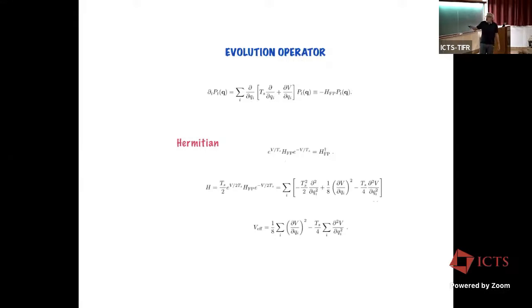And when you do this, the operator you get is this one. If you look at it, it resembles a lot a Schrödinger problem. It has a second derivative. This temperature, the stochastic temperature, is playing a role very close to h bar in a quantum system. And the potential is not the original potential, but this effective potential.